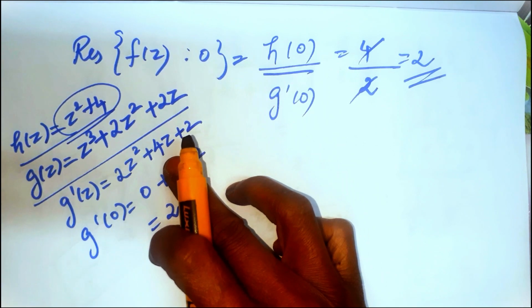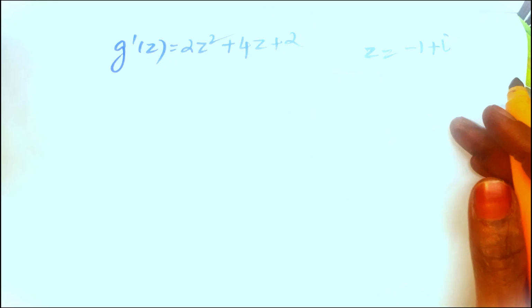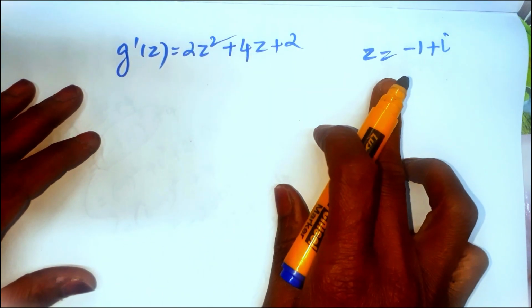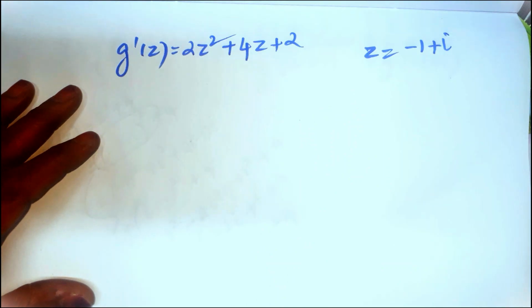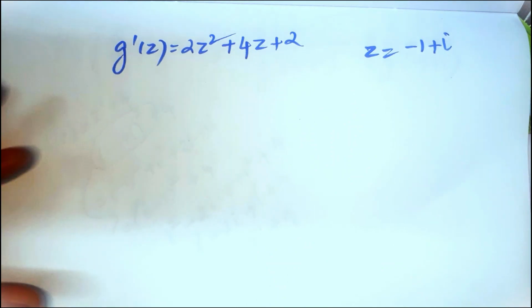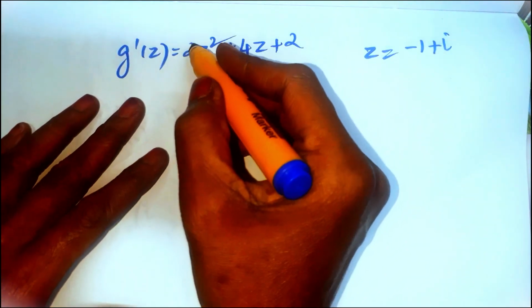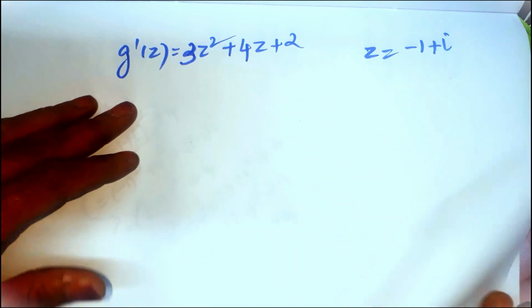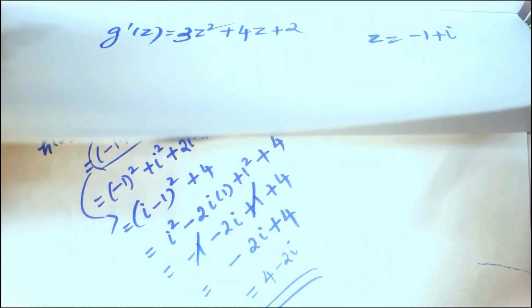The calculation will be so lengthy, right? So g dash of z is equal to 2z squared plus 4z plus 2, where z is equal to minus 1 plus i. It is not 2z squared, it is 3, because z cube we had, no. So when we differentiate, it is 3.